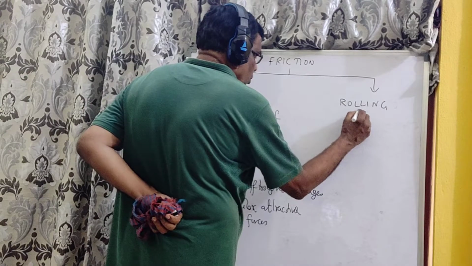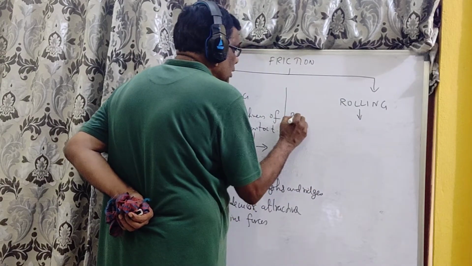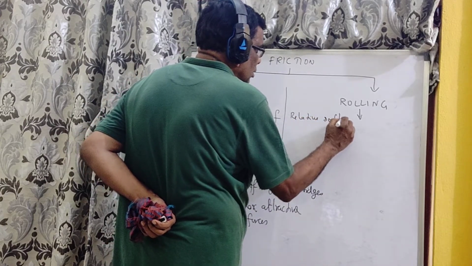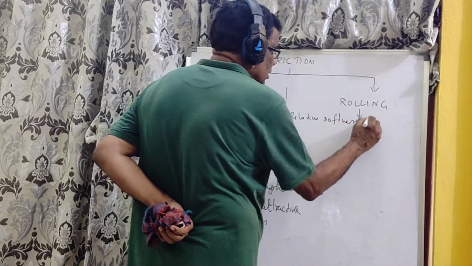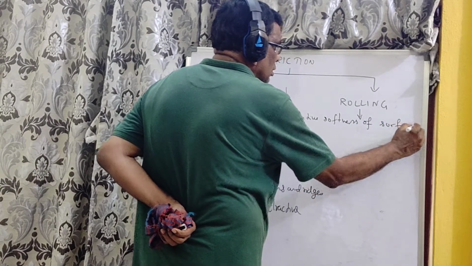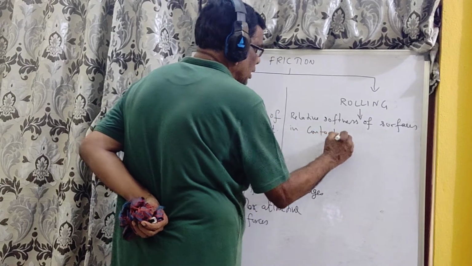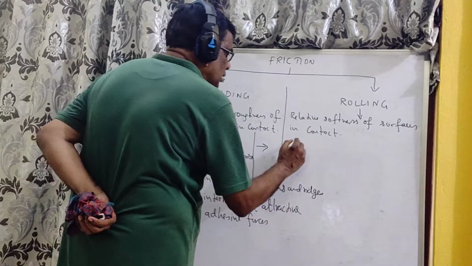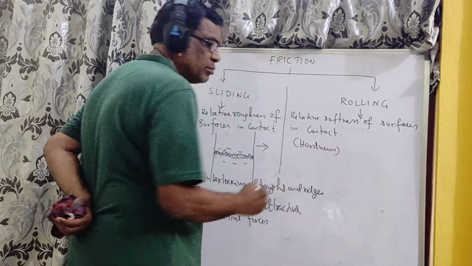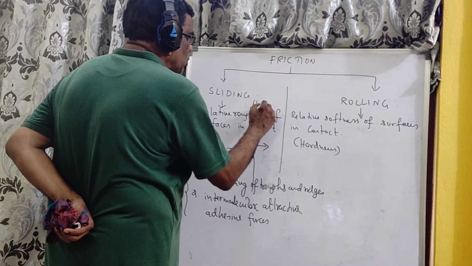Rolling frictional force is due to the relative softness of surfaces in contact. Softness is opposite to hardness. Roughness is opposite to smoothness.